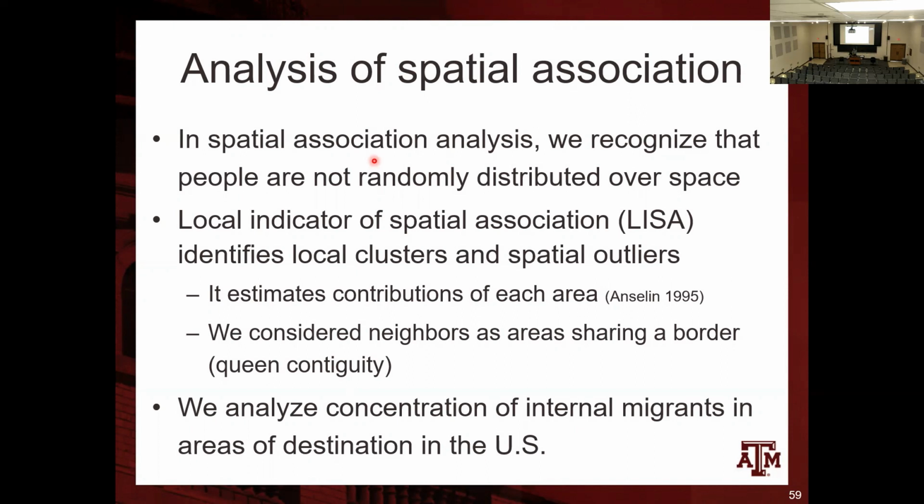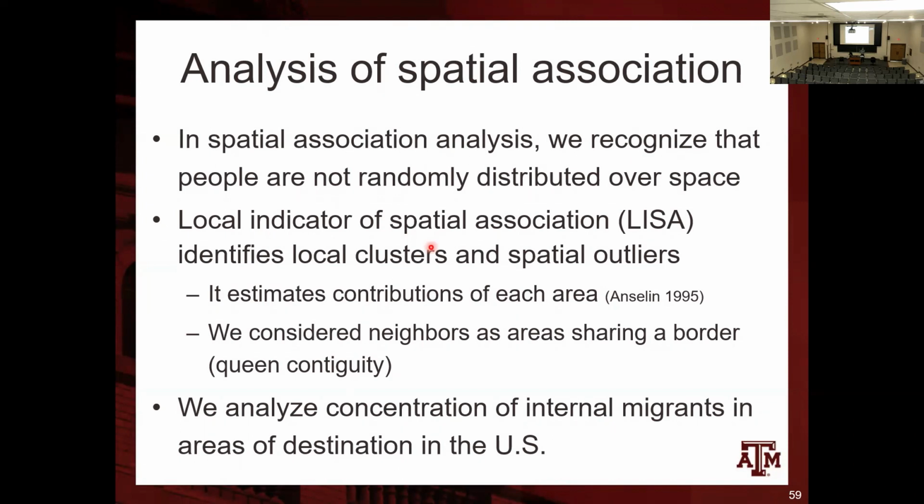So in this exercise here, I estimate this indicator called Local Indicator of Spatial Association, LISA, that identifies areas or groups of areas where you have high levels of immigration or low levels of immigration, and those areas that have a lot of immigrants coming to them, but not as many around it.